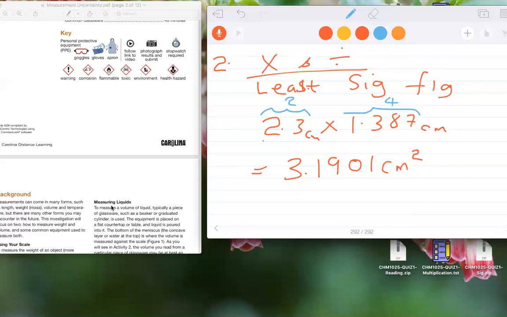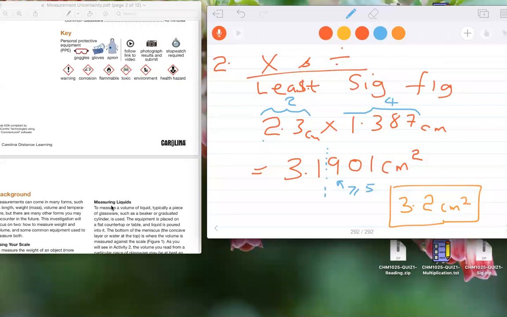I'm going to count here 1, 2, and stop right here. This digit is greater than or equal to 5, and the final answer should be 3.2 centimeters squared. You go with the least.